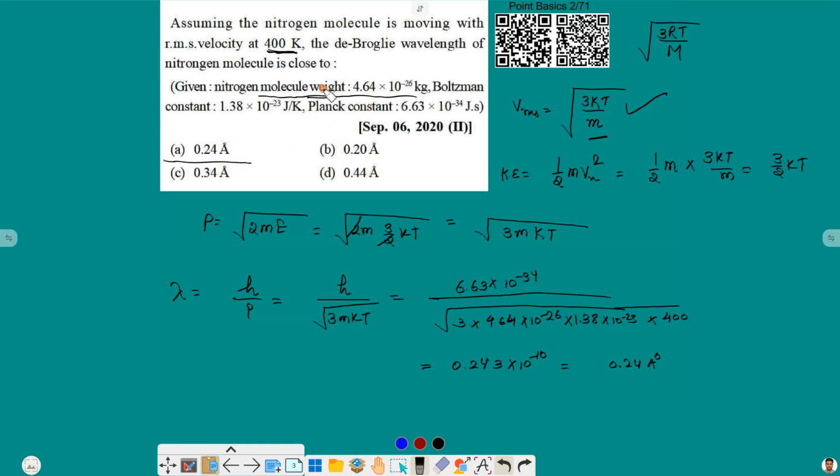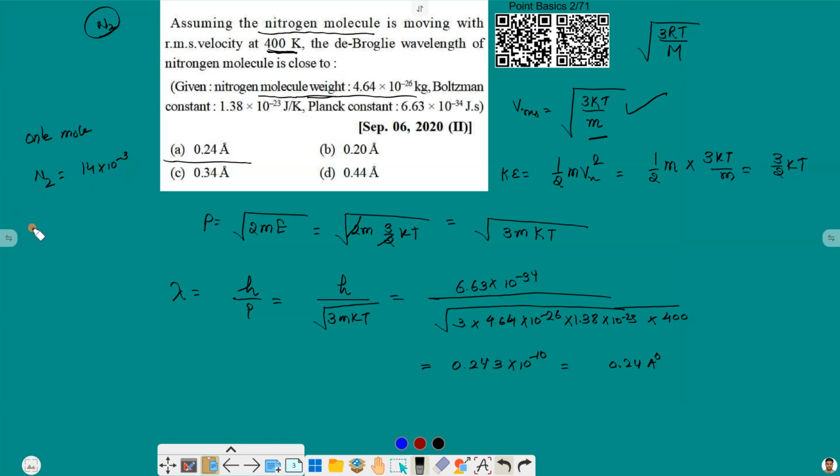Now, even if the molecular mass or weight is not given, then what can we do? We can use the method that the weight of one mole, and this is a nitrogen molecule, meaning we are dealing with N2, will be equal to 14 grams for one mole.